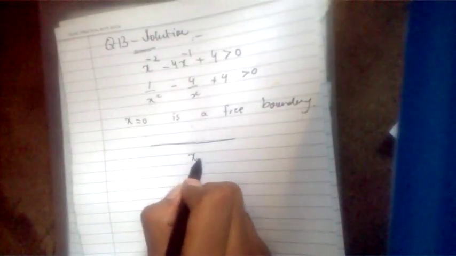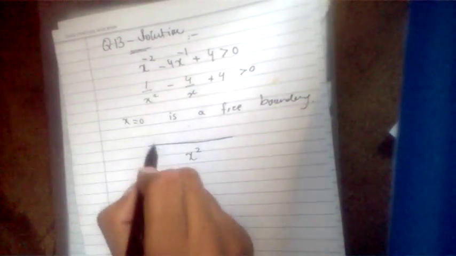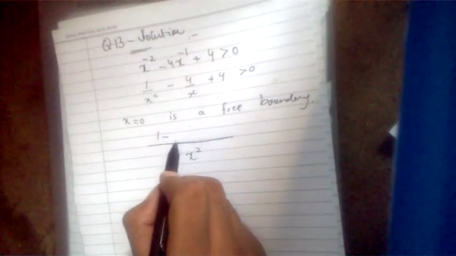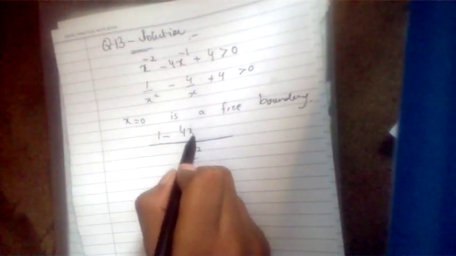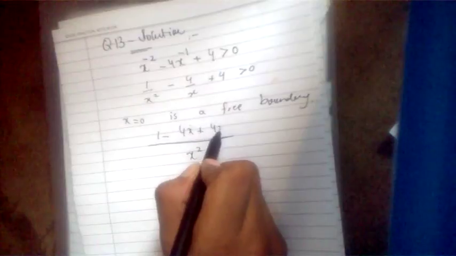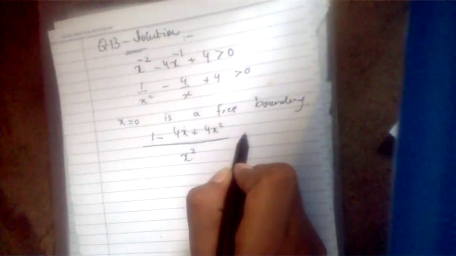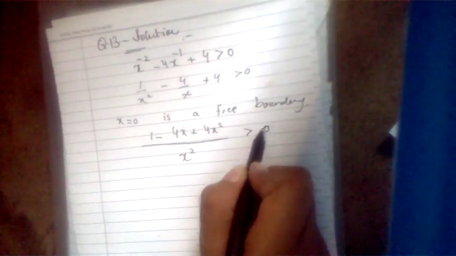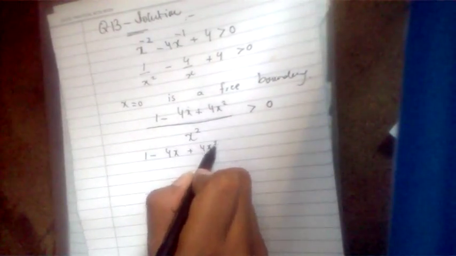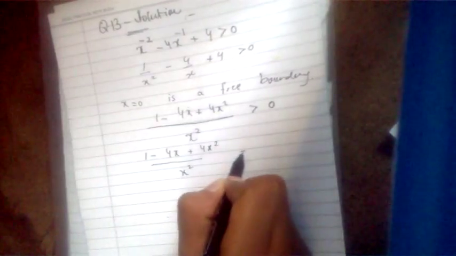Now we will simplify this equation. LCM is x square, and you would get 1 minus 4x plus 4x square is greater than 0. You will have to associate an equation. The associated equation is 1 minus 4x plus 4x square divided by x square is equal to 0.